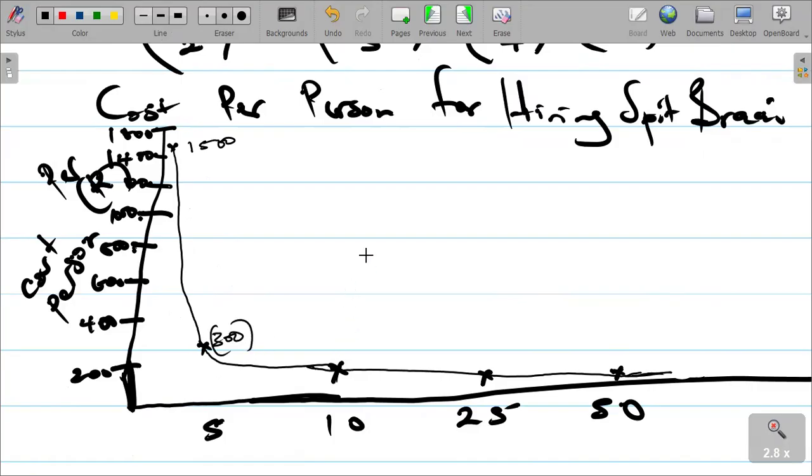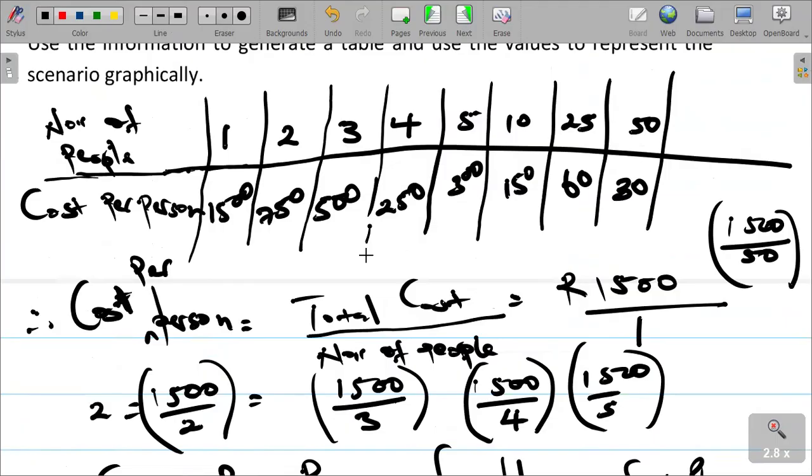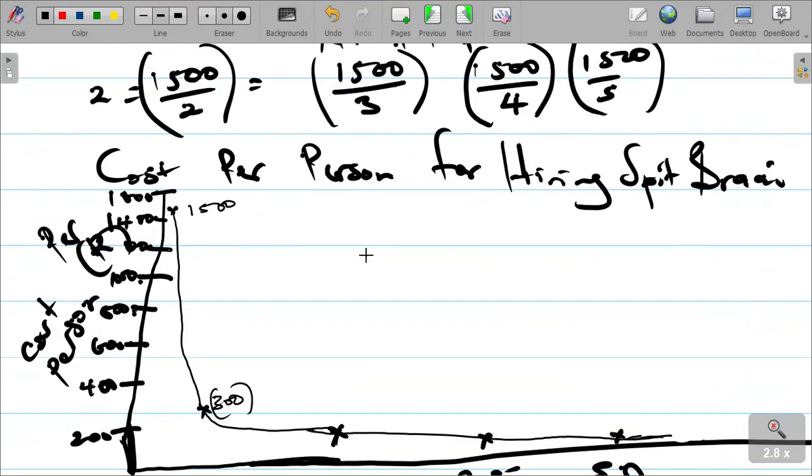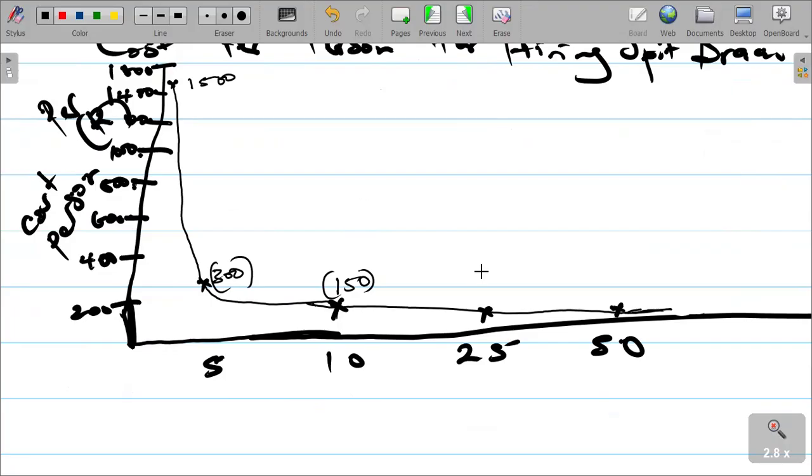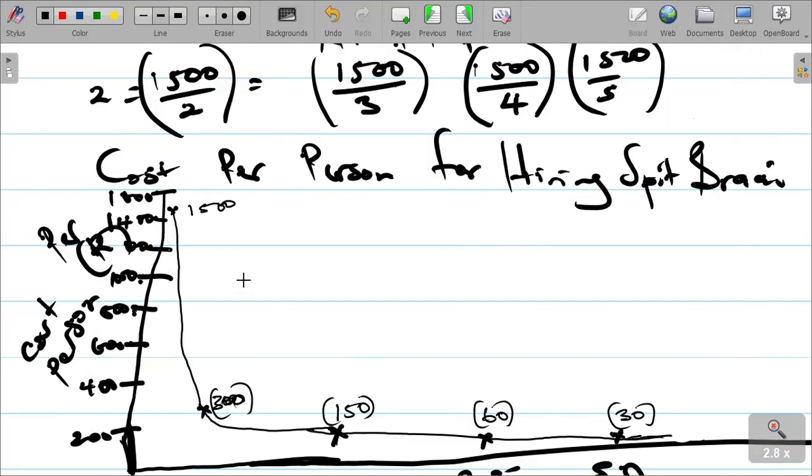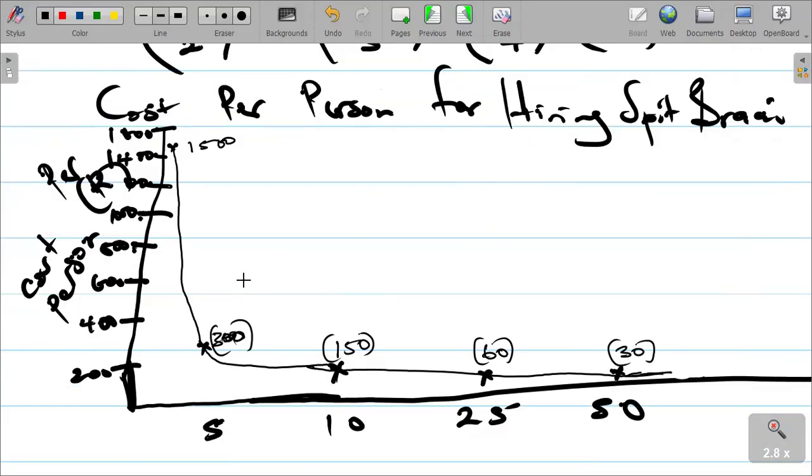At 10 people, it's 150. And then it is 60 for 25, and here it is 30. So that is our graph, which is showing an inverse relationship, that we can actually see here.